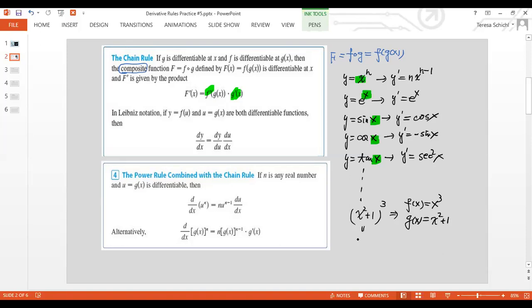So this one is equal to f of g of x, correct? That means you put the x squared plus 1 into the x cubed. So the key here is every time you see something that is not simply x anymore, you need to use the chain rule. You take the derivative of your outer layer function, and then you take the derivative of your inner layer function, okay?